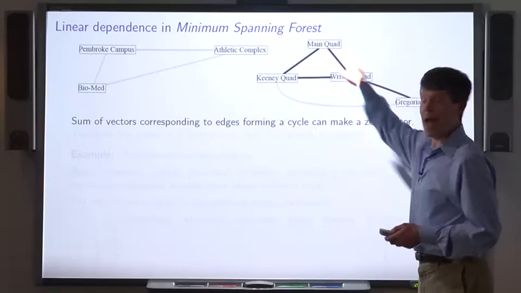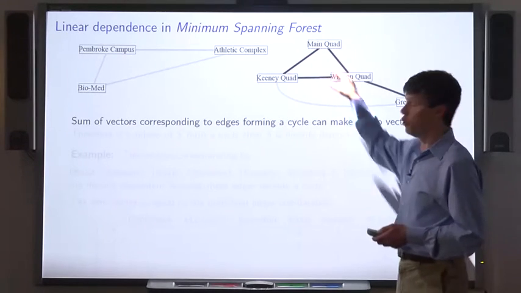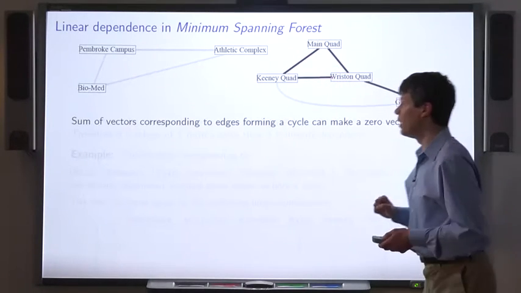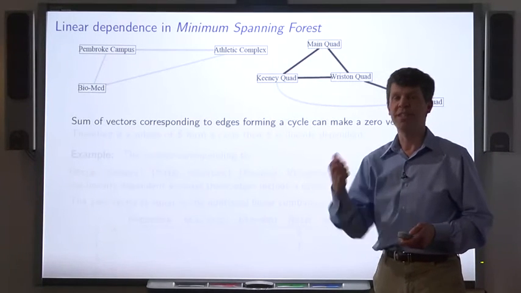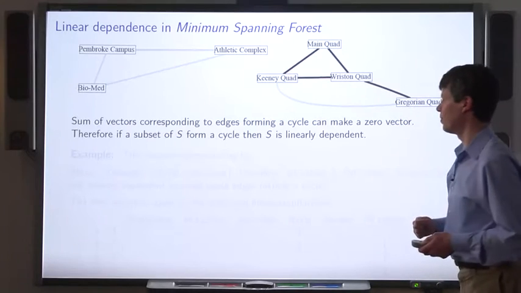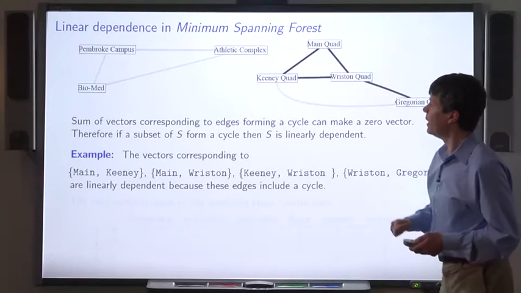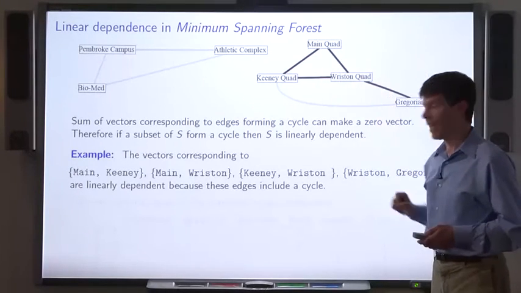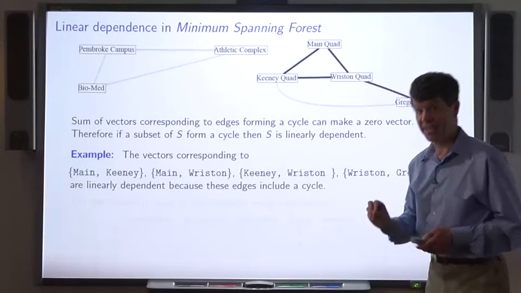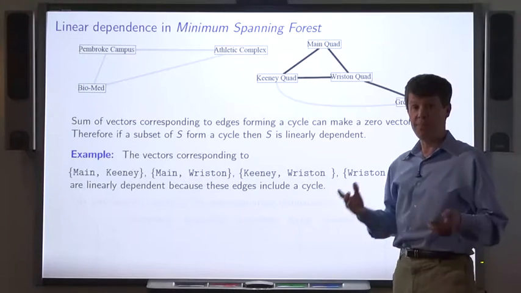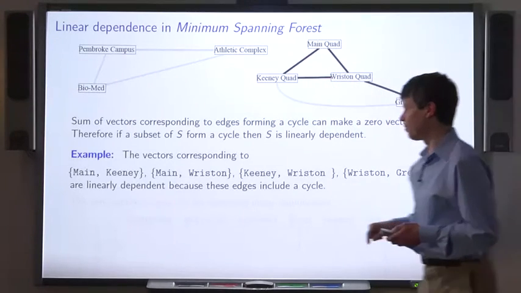Now, if you have a set of edges that include a cycle as a subset, then there is a linear combination of the corresponding vectors that equals 0. So take the vectors corresponding to the dark edges in this diagram. They are linearly dependent because a subset of those edges forms a cycle.